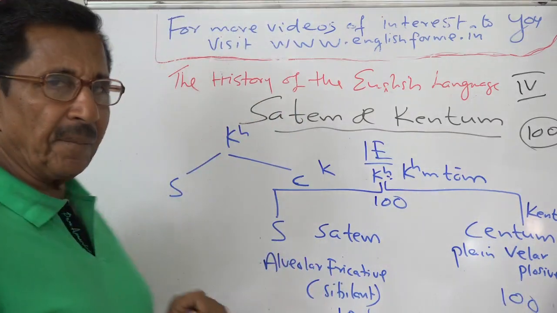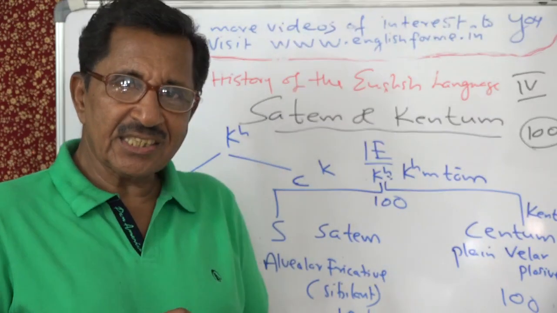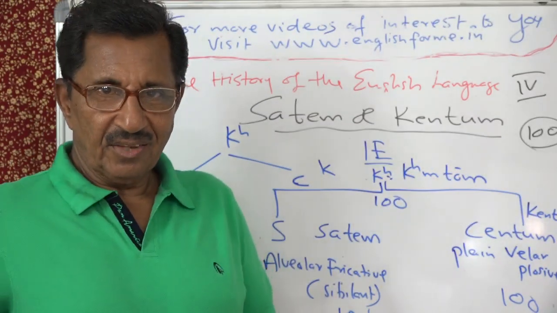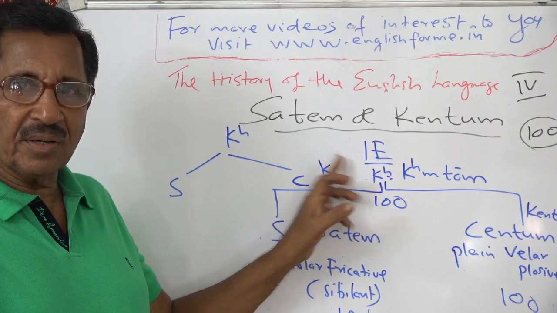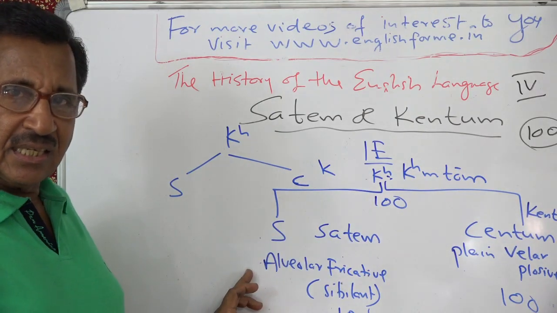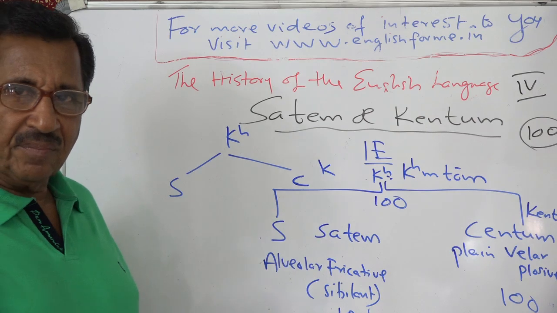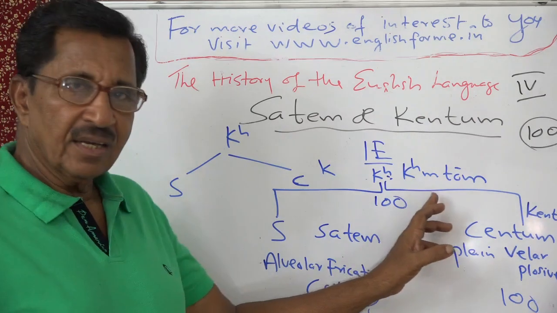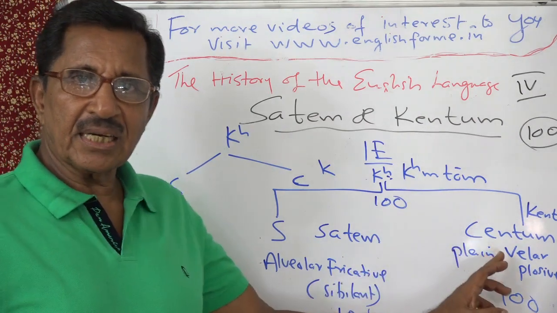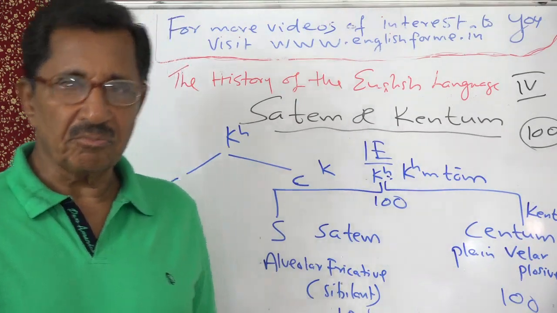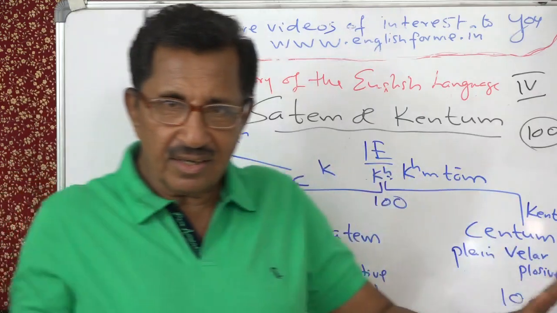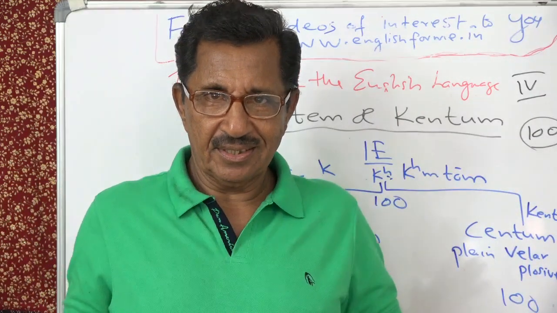Word is the same, but the first sound changed. The original Indo-European K became S in eastern, example Satem. The original Indo-European K became K in the western, example Latin Kentum. Same word, difference in pronunciation.